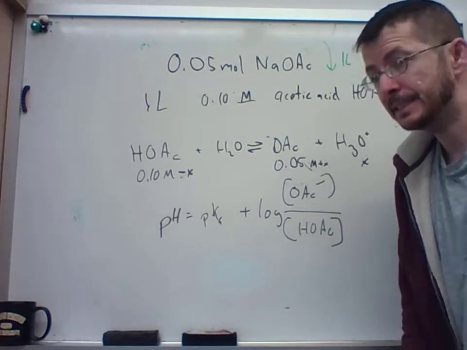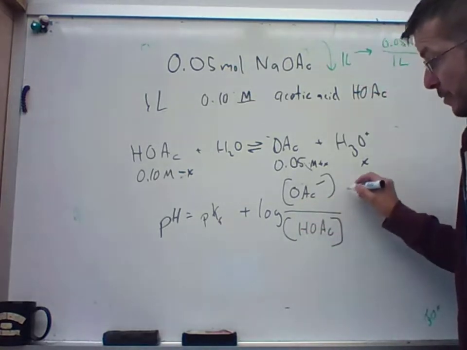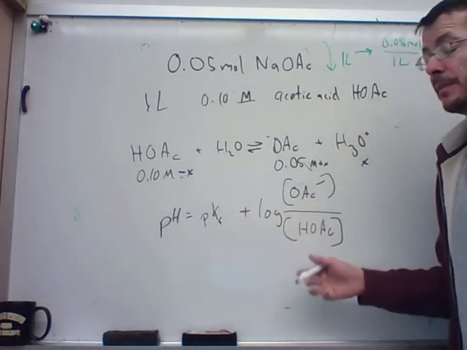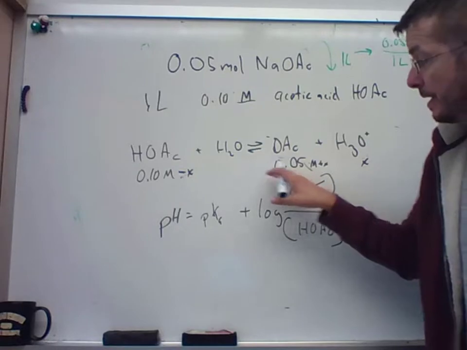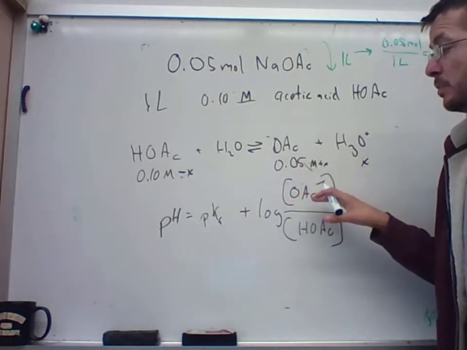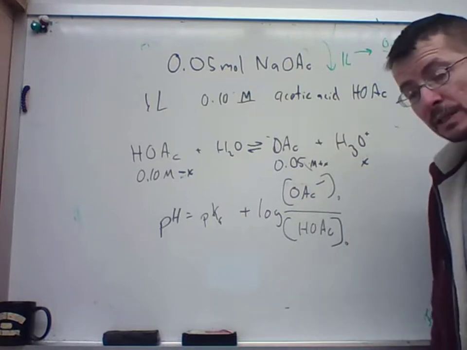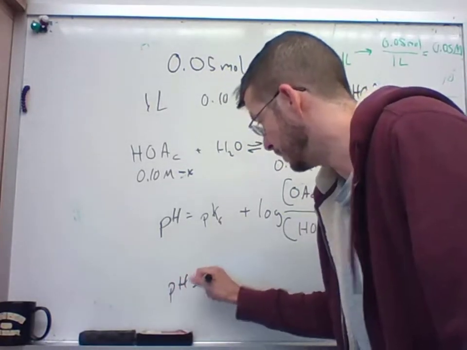Now, again, because these are weak acids, these are the values at equilibrium, this would be minus x and plus x, but because the x is typically small, the amount of each of these would be approximately equal to the initial amounts in this particular example. And so, pH will equal pKa.